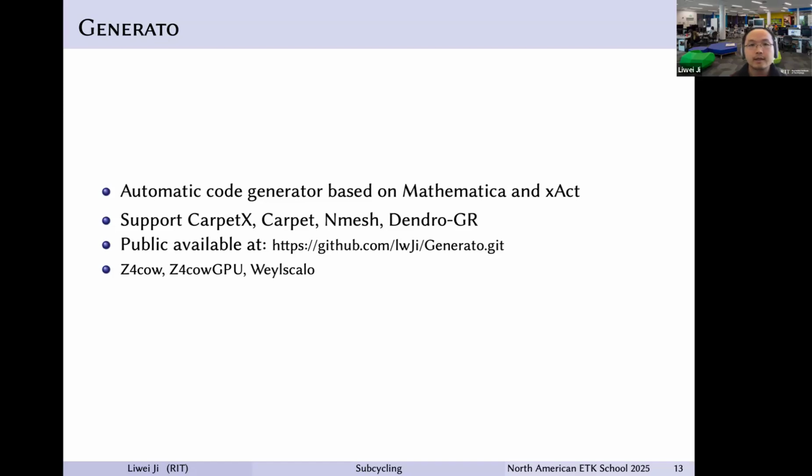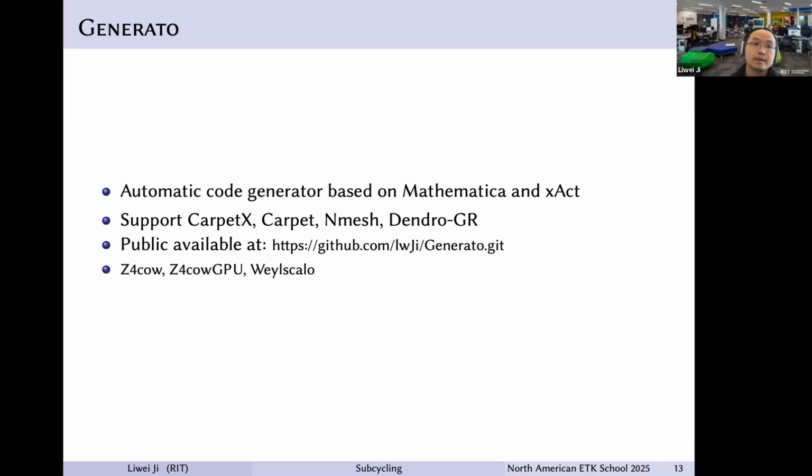In order to do that, we use a code generator called Generado, which is based on Mathematica and this very nice XAct package. Generado now supports not only CarpetX, but also Carpet and Mesh and also DangerGR.